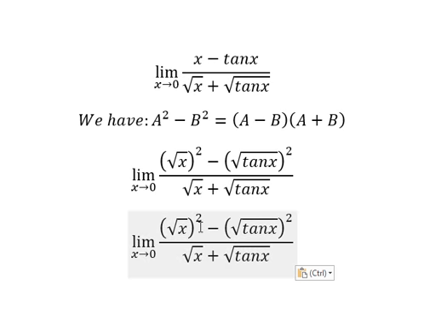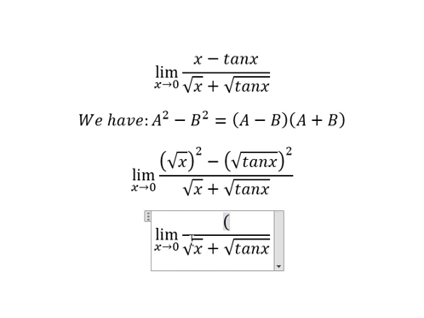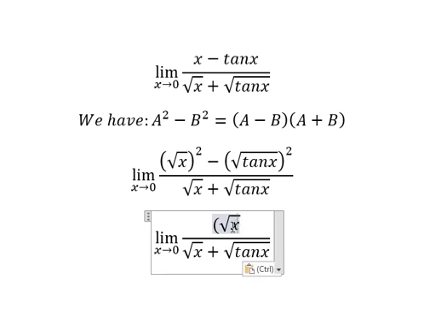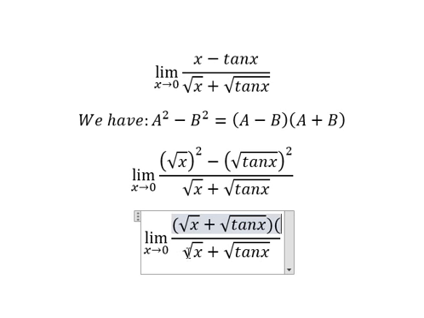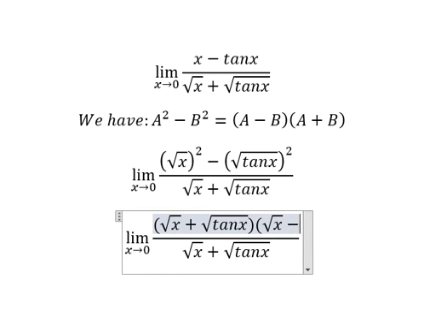Now we need to apply the formula in here. And you got the square root of s plus the square root of tan s multiplied by the square root of s minus the square root of tan s.